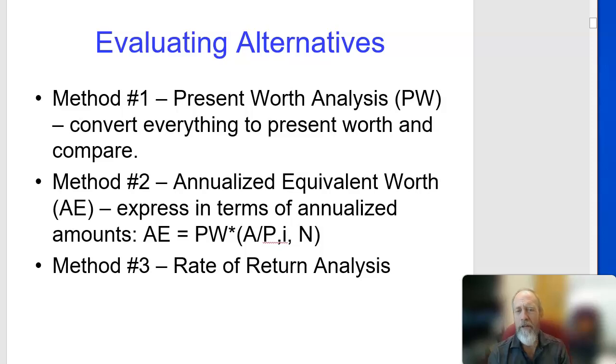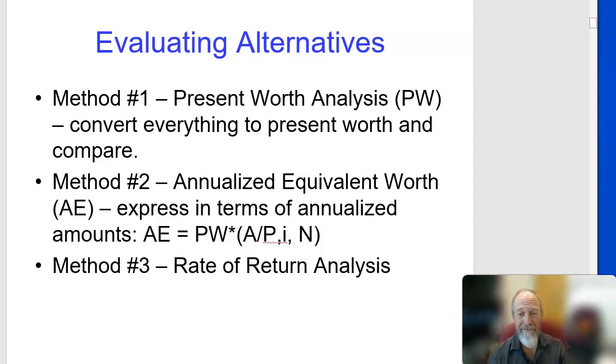Let's come up with another method, annualized equivalent worth. It's really the same thing as method one, just A over P. Just take that present worth and put it into annualized payments over the life of the project, still represented as an amount, a dollar figure.